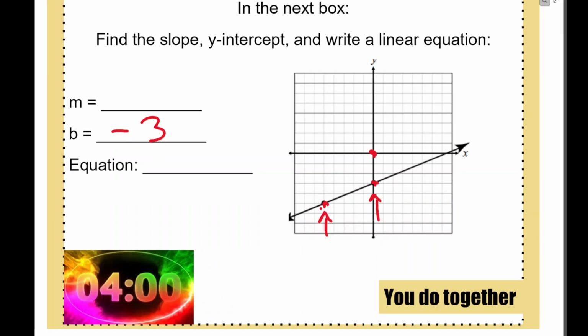Is this going to be a positive or negative slope? It's going to be positive. So you go up 2, and then to the right 1, 2, 3, 4, 5. So 2 over 5. Your equation would be y equals 2 over 5 x minus 3.